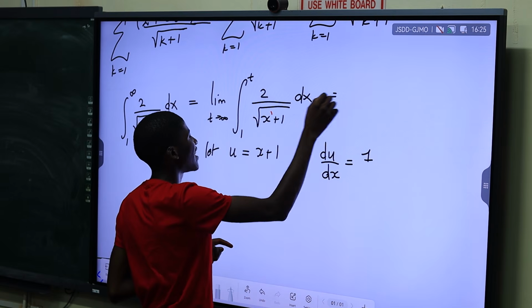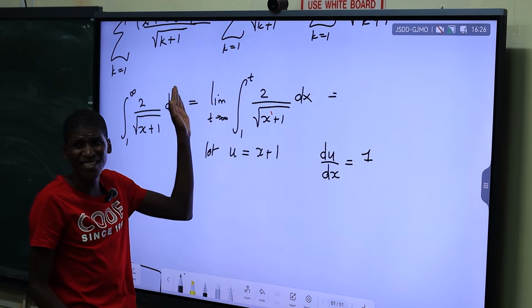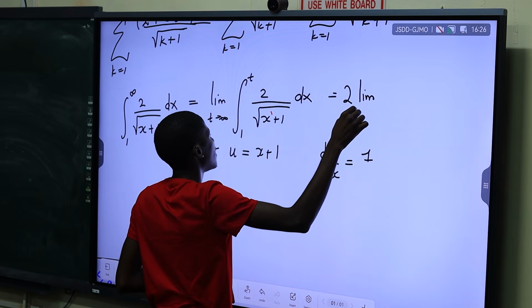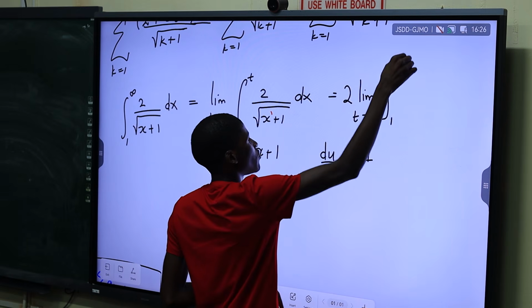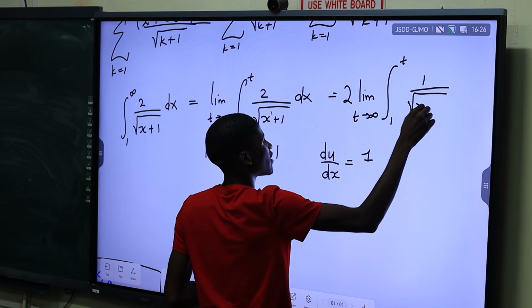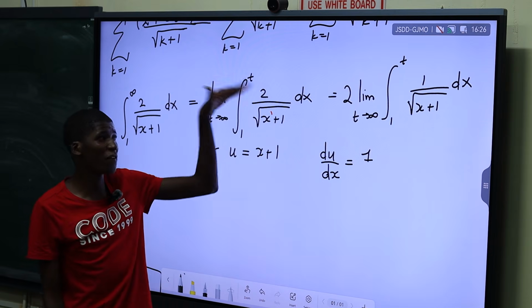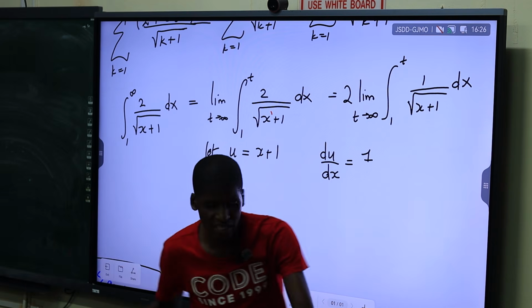We can just write this as 2 times the limit as t goes to infinity of the integral from 1 to t of 1 over the square root of x plus 1 dx. I rewrite it so that you see the 2 can just be factored out, since it will always be a constant, even the limit can bypass it. So 1 is equal to du dx.